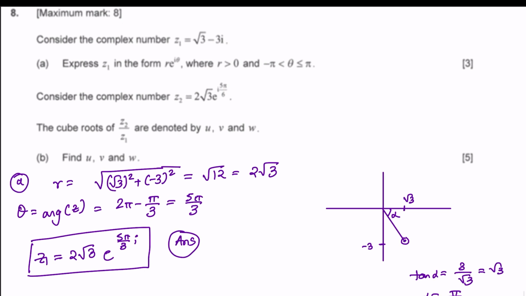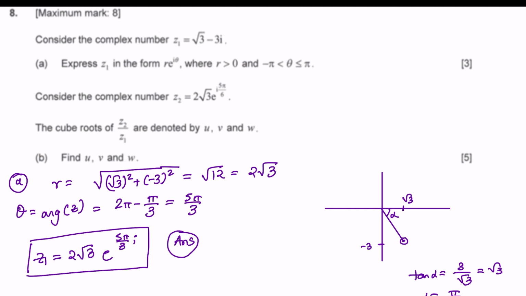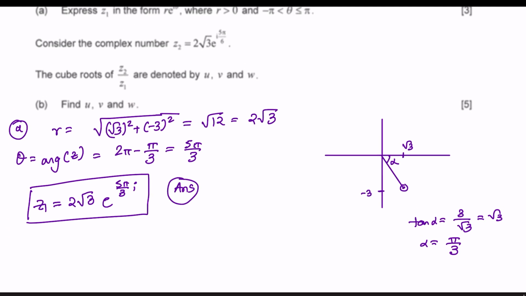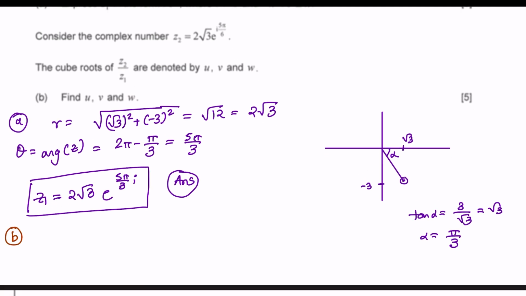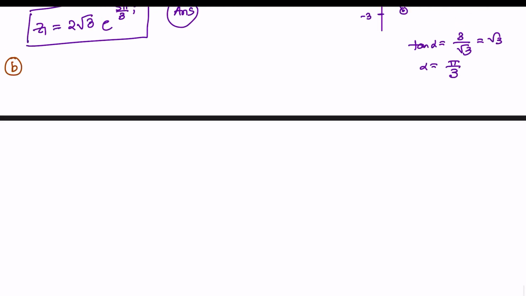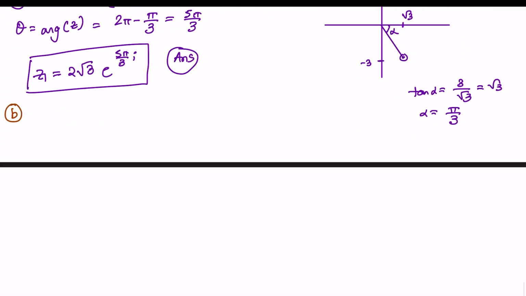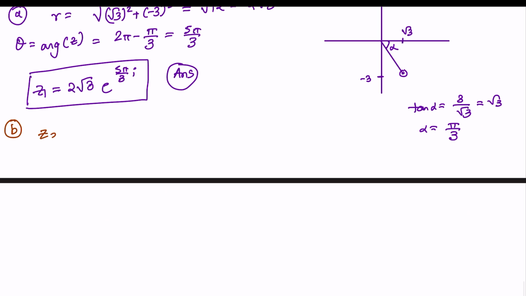Now part B, you're also given z2 in a similar e to the power i theta form. You have to find the cube roots of z2 over z1. Let's say z3 is z2 over z1, which is 2 root 3 e to the power i 5 pi by 6 over 2 root 3 e to the power i 5 pi by 3.